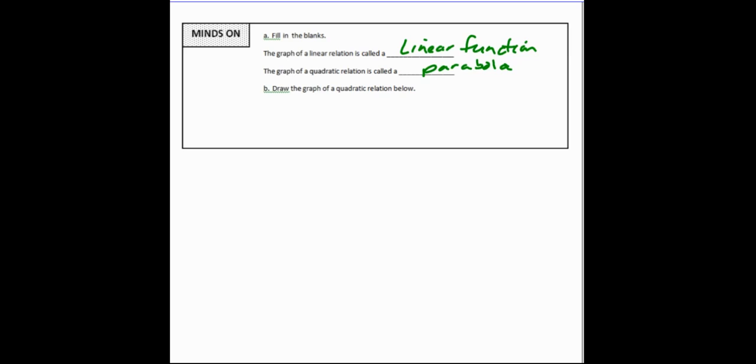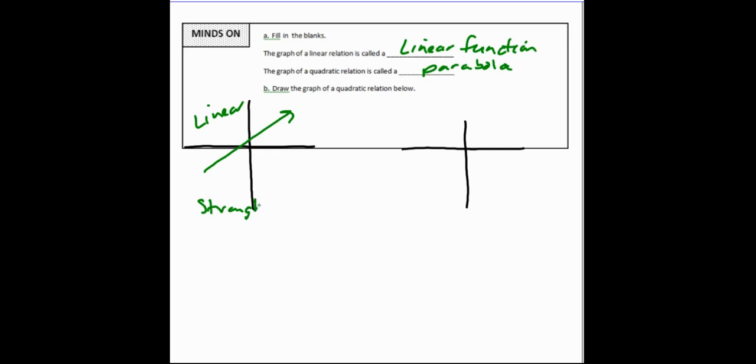Well, first of all, let's just recap. If we had a linear equation, we would have a straight line and constant. And we talked about a few different shapes.